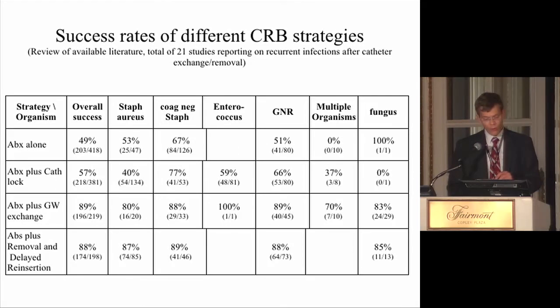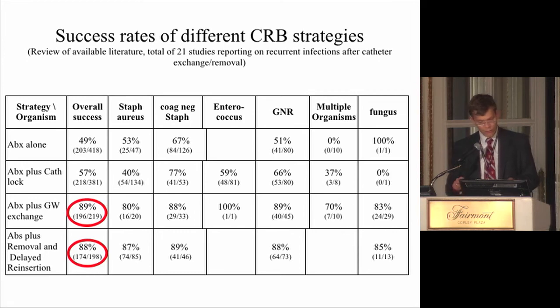But if you look at the data that's available for reinfection of catheters with the same organism that you cultured and then stratified by antibiotics alone, catheter plus lock solution, antibiotics plus lock solution, or antibiotics plus guide wire exchange, or antibiotics plus removal and delayed reinsertion. Then for coag-negative staph, antibiotics plus cath lock works in about 3 out of 4 cases.